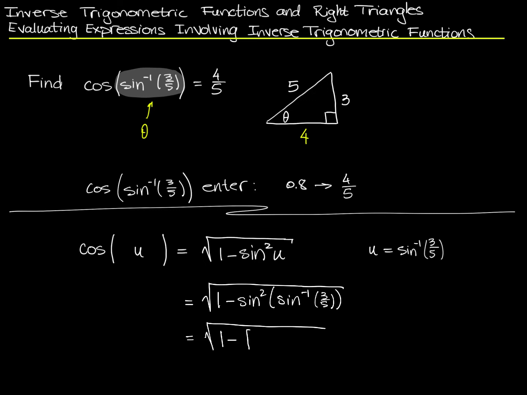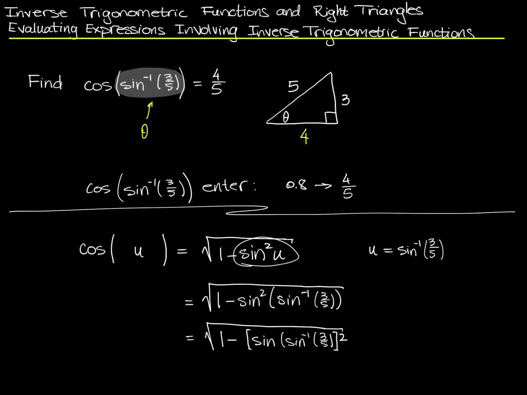What this means is the sine of the sine inverse of 3/5, all squared. In other words, I could write sine squared of u as the sine of u squared, and that's what I've done here. This is the sine of this thing squared, so I'm writing it as the sine of this thing all squared.